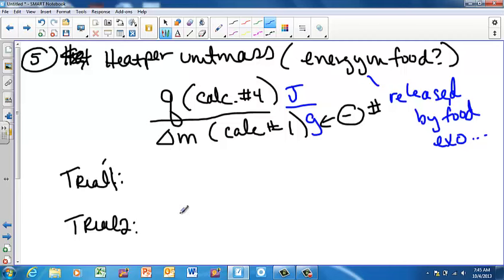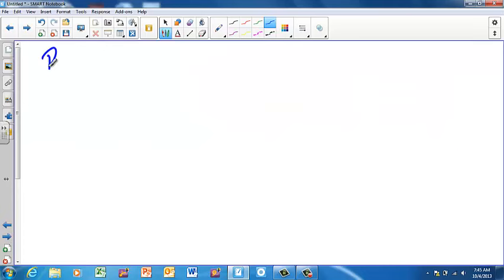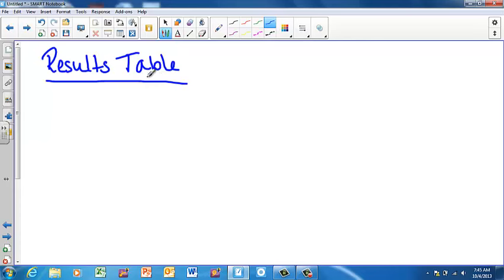And since energy was released by the food, it's going to be exothermic. So that's where the negative sign is going to come into play. So it's not a big deal if you have the negative sign. Okay, so the 5th calculation, again, if you need to pause it, do trial 1, trial 2, trial 3, trial 4. You want to have work for all of them. So you want to go ahead and do your work or leave space for it.